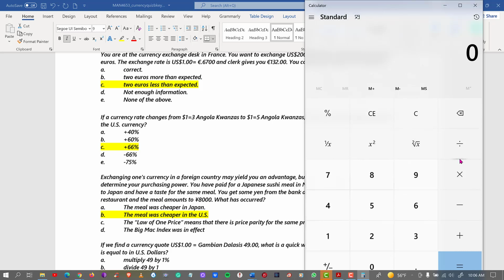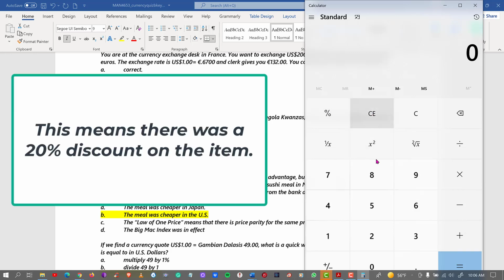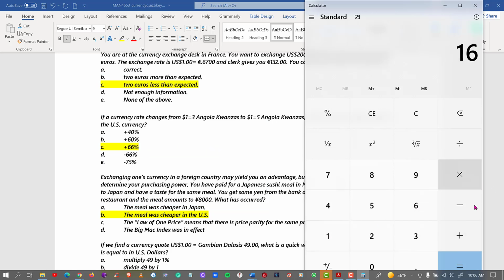the formula is new minus old over old. So that would be what? The new price is 16, and then that's minus 20, right? Divided by 20. So you have new minus old. The new price is 16.